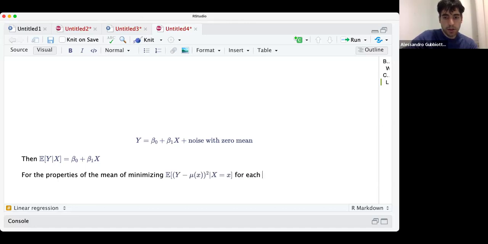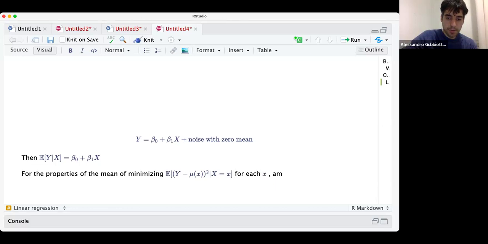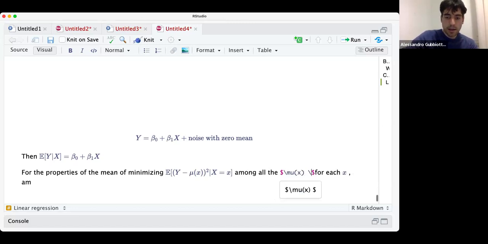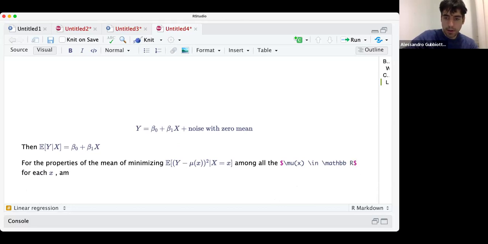For each x, among all the mu of x. This is only a notation, the x in the math, so I could also have avoided writing it, but I can also write it.